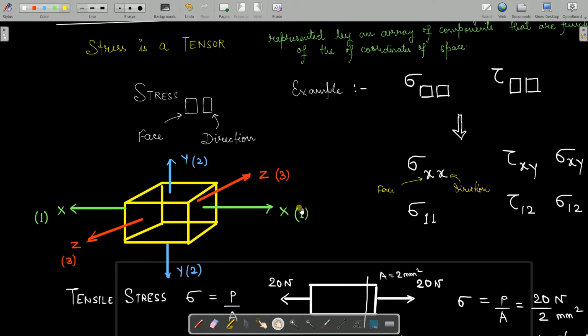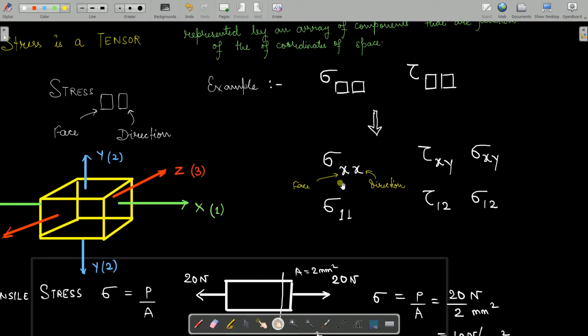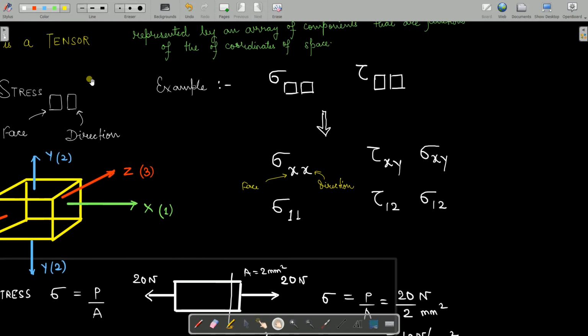The x-axis, this x direction, is also represented with direction 1. The y direction or y-axis is also represented with 2. The z direction or z-axis is also represented as 3. So if I write sigma xx, it basically means sigma 1, or if I write sigma 2, it basically means sigma yy. Okay, now as I told you, we represent normal stresses with sigma.